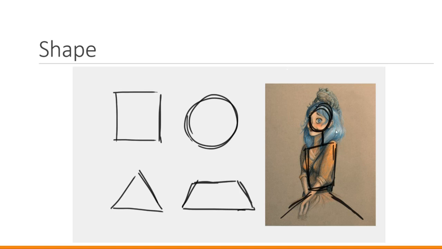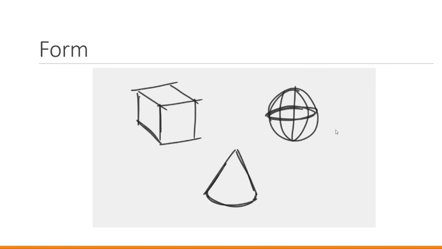The next part of the fundamentals of drawing is the form. So what is form? Form is the three-dimensional part of drawing. So right here, you'll see I have three examples of three-dimensional shapes. We have a cube, a sphere, and a cone. Now, there's all different types of ways that you can convey the different dimensions of a shape.